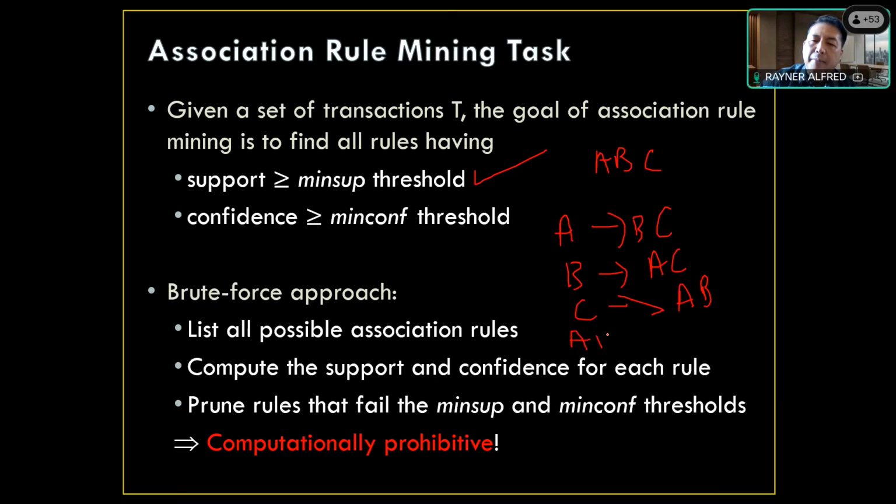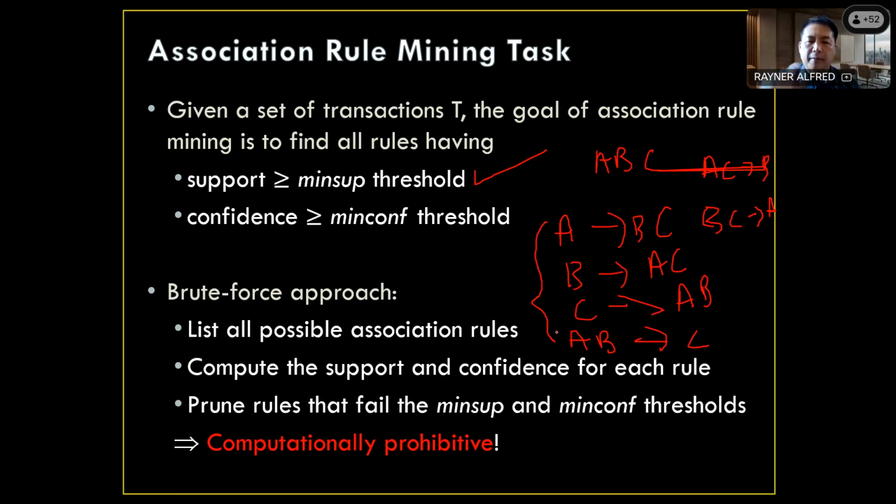Then we go to AB going to C, and then AC going to B, and then BC going to A. So we have so many combinations here. So the brute force approach is to try every pair of combination, but this one is very, very time consuming.